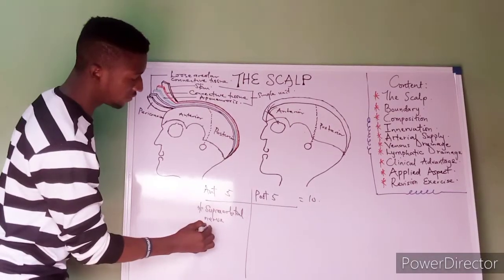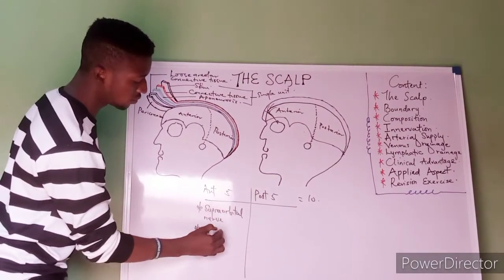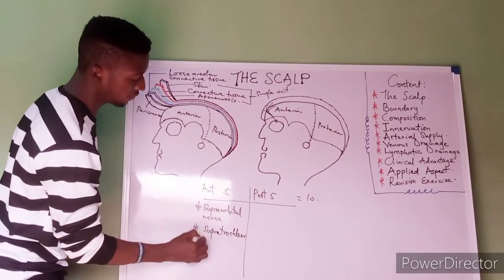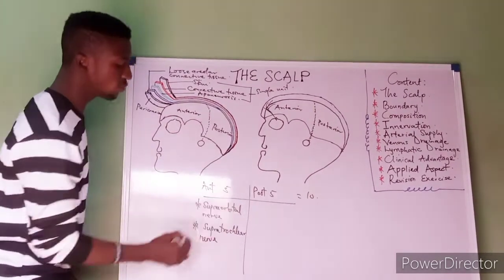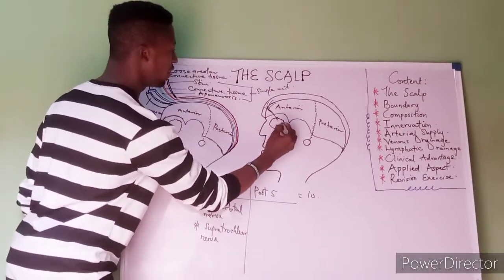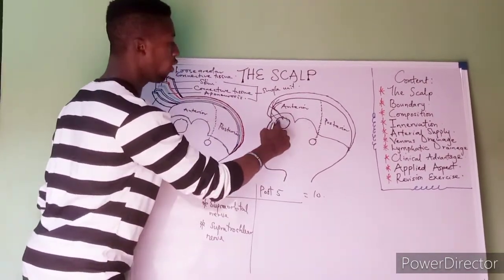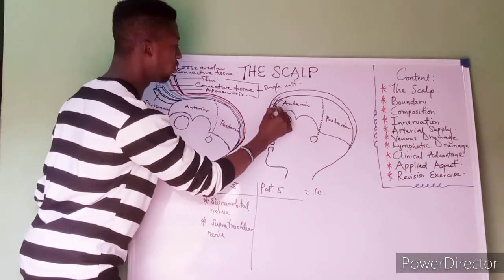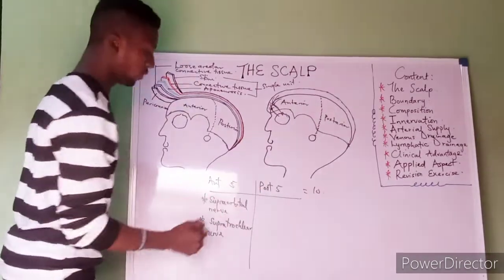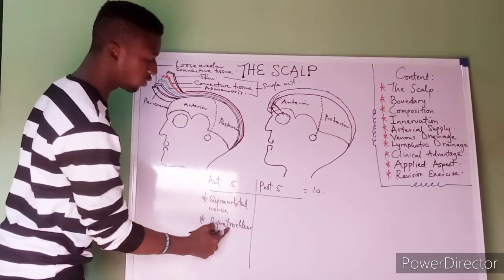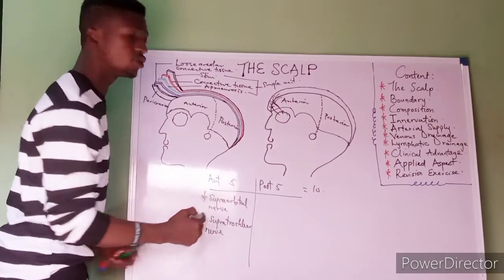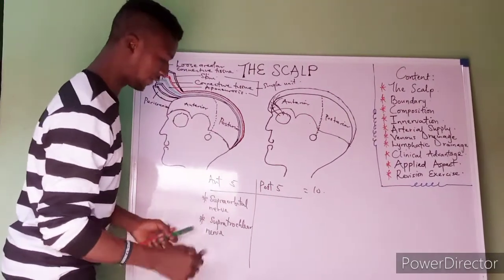We also have the supratrochlear nerve. The supratrochlear nerve also passes through the margin of the orbit to supply the anterior region. So this represents our supratrochlear nerve, and this on the other side represents our supraorbital nerve.